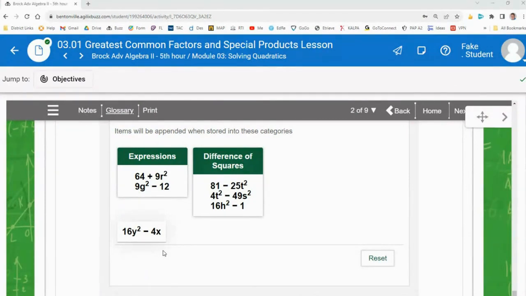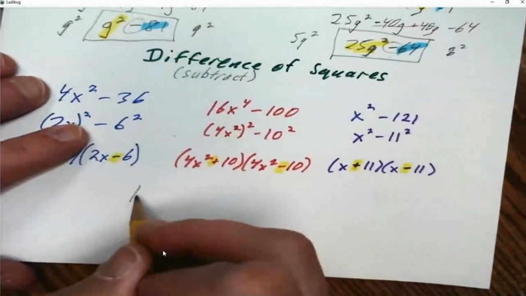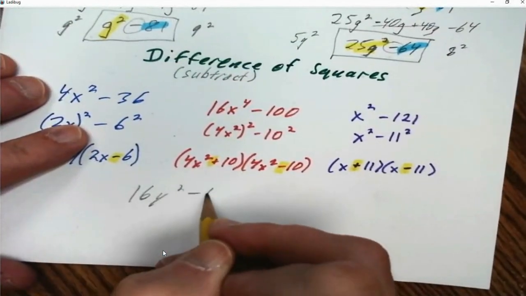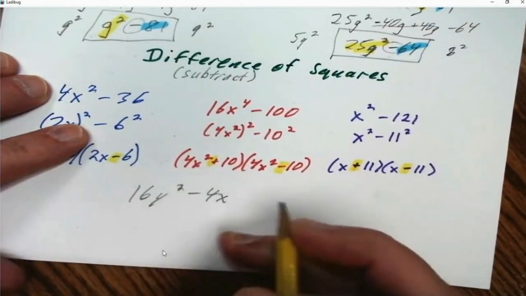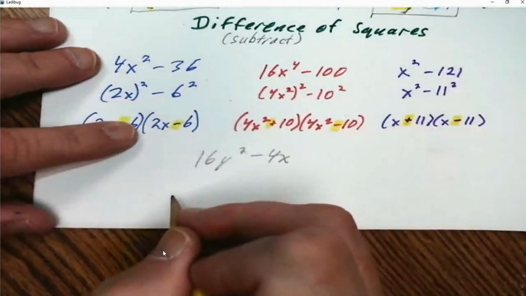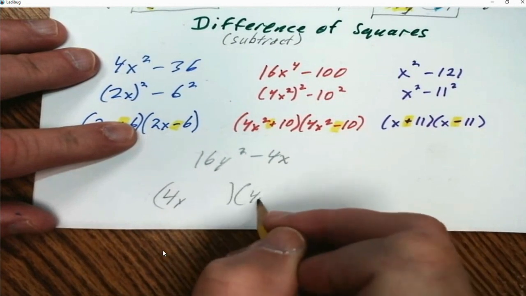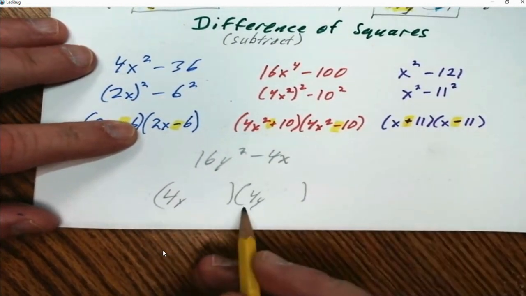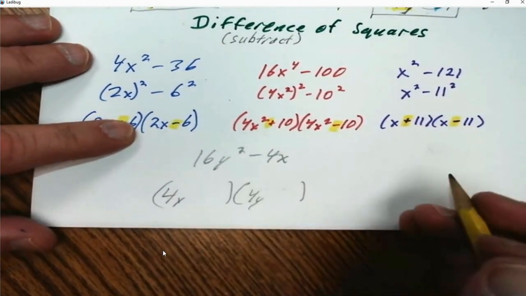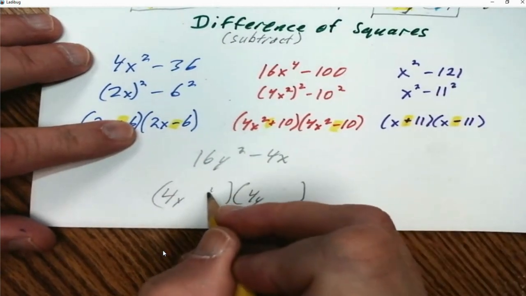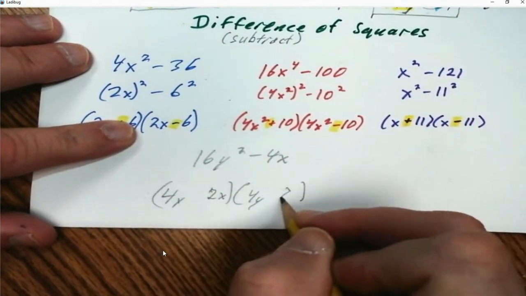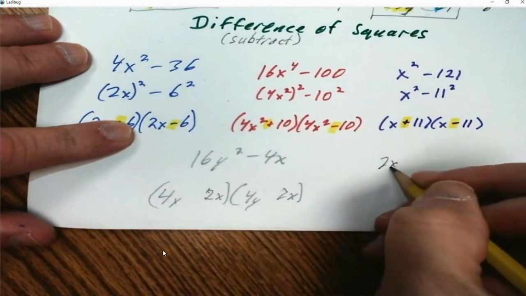What's the square root of 4x? We'll do this real quick. 4y times 4y is 16y squared. But if I put 2x, what's 2x times 2x?